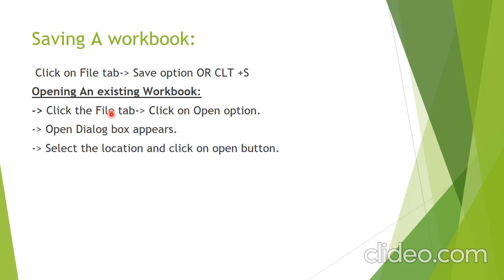For that you have to click on the File tab and click on the Open option. A new dialog box opens. You have to find the location where you saved your workbook and click on the Open button. So your existing workbook is open.